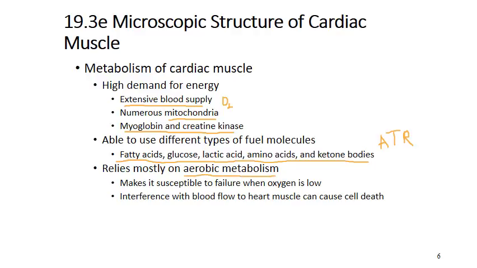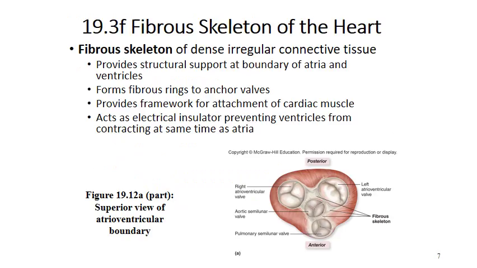And so they're going to be pretty susceptible to having failure if you don't have enough oxygen, right? So when you're working out super hard and you're not getting enough oxygen, it makes it really hard for your cardiac muscle to work properly. So that interference is going to affect our blood flow to the heart muscle and can actually cause cell death if you're not careful enough.